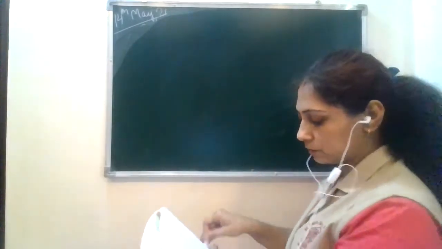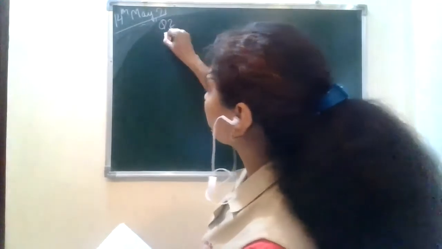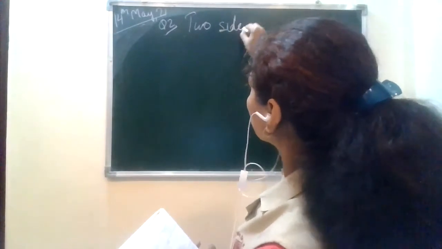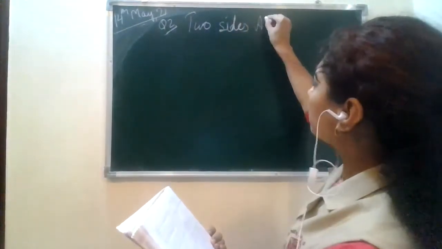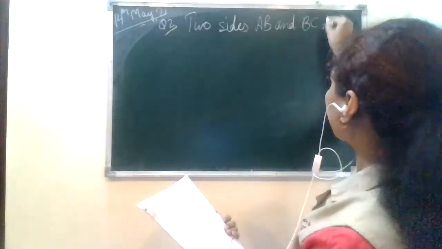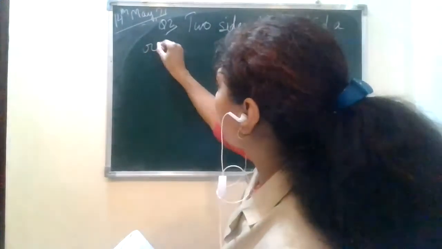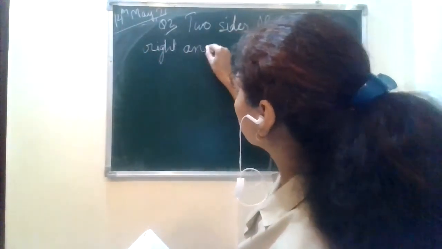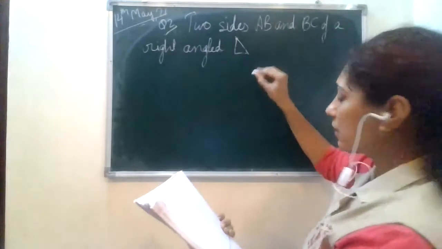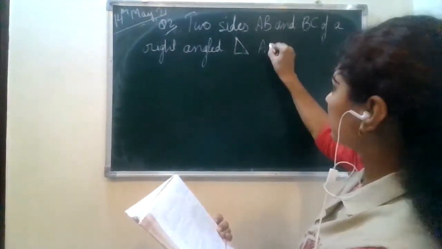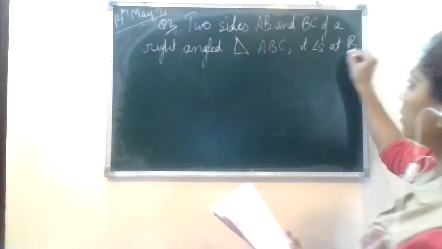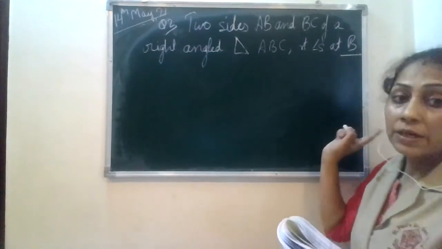Now see question number 2. Two sides AB and BC of a right angle triangle ABC, right angle at B. They have given that it is right angle at B. Read the question very carefully.